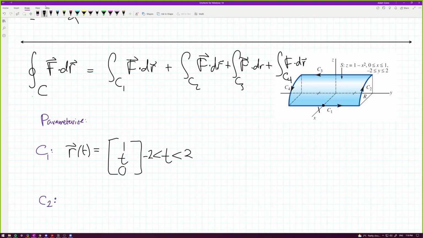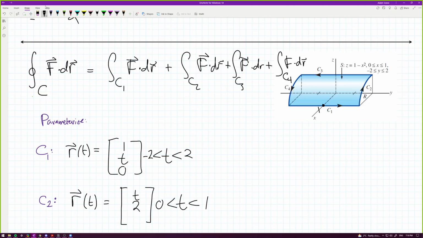Now for C2, we have the curved bit there. So it's also going to be an r of t. The y value this time is always 2 for C2. The x value varies, so I'm going to give it a t, and it varies between 0 and 1.